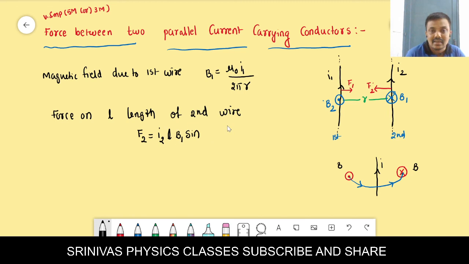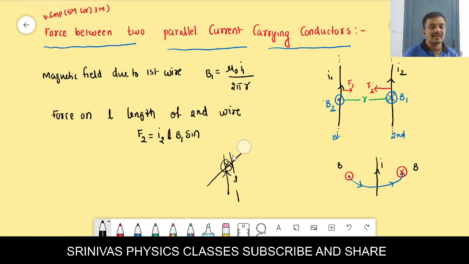What is theta? Theta is the angle between L and B. Can you tell the angle between L and B from the figure? Check properly. L is the length, it will be like this. What is the direction of B? Inward. Inward means into the paper, right?